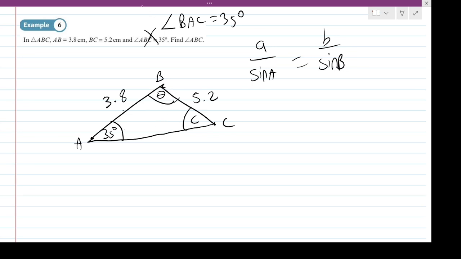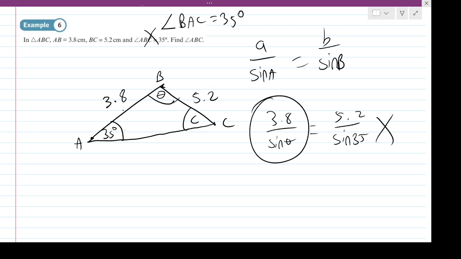So we do not say that 3.8 over sine theta is 5.2 over sine 35. We do not say that because this fraction is not true, because the angle theta is not facing the side 3.8. It's opposite this side here, AC. We do not know what AC is, so we can't use it for theta.